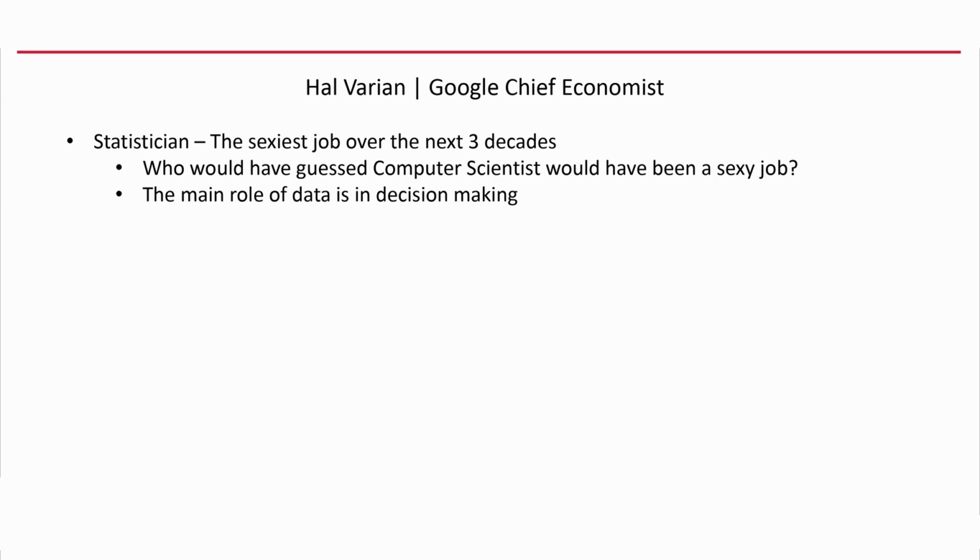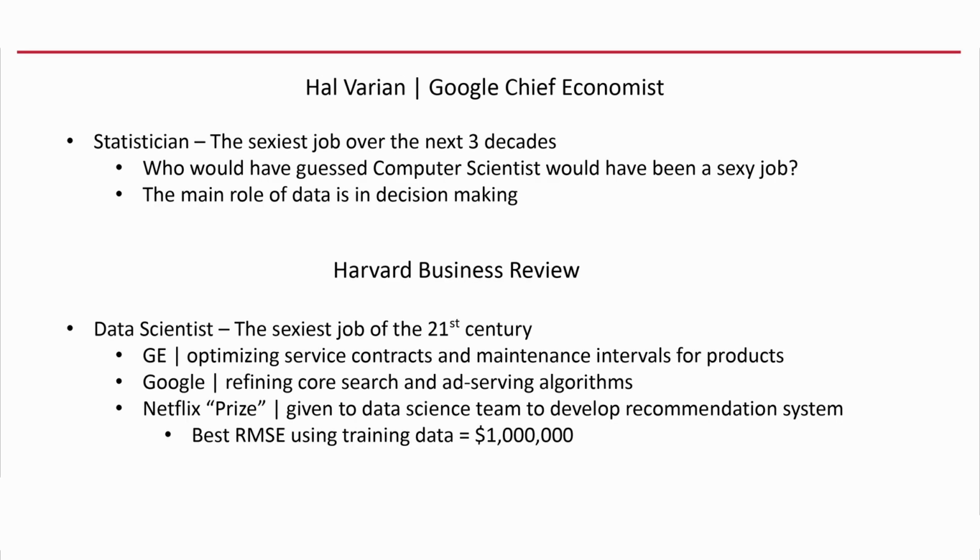But over the next 30 years, computer scientists, data scientists started becoming the next hot thing. And Harvard Business Review came out and said the data scientist is going to be the sexiest job of the 21st century because already General Electric had been using them to optimize their service contracts. Google had grown to be what Google is now through statisticians and their use of data.